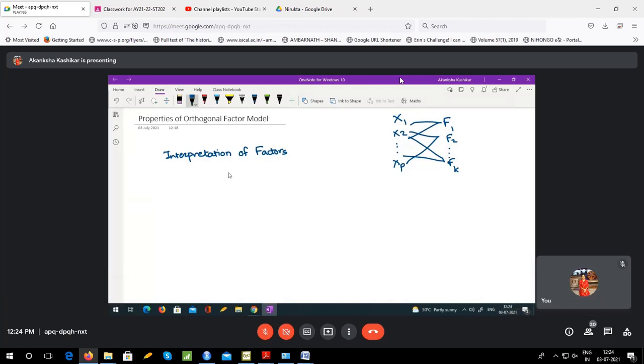For example, if I go to the IQ example again, suppose this is the linguistic test score and this is the reasoning score.